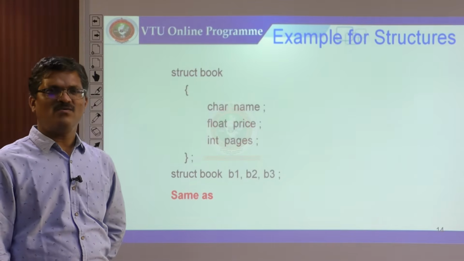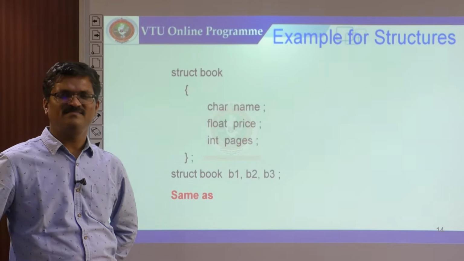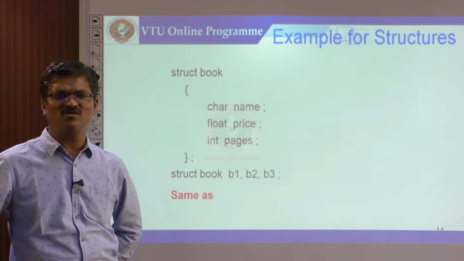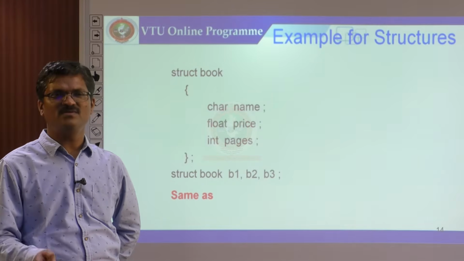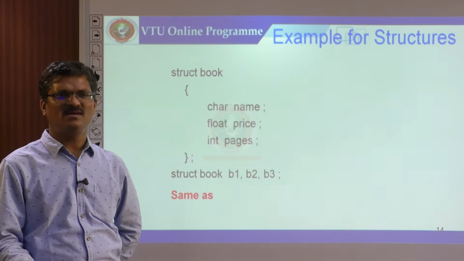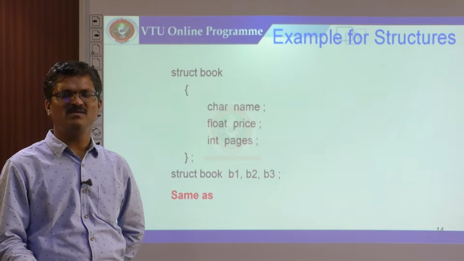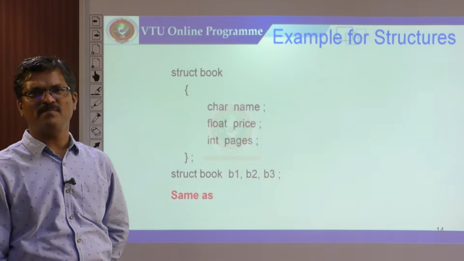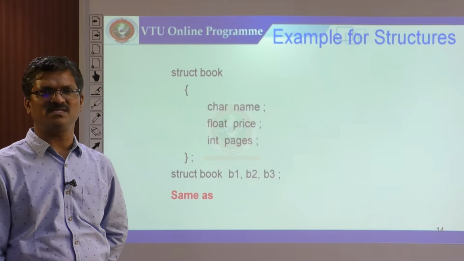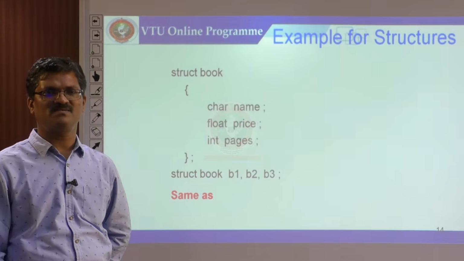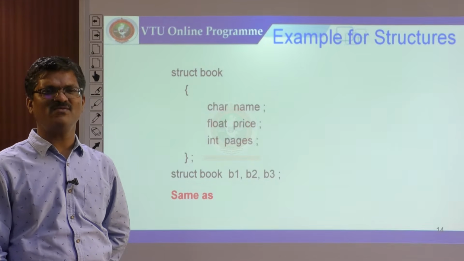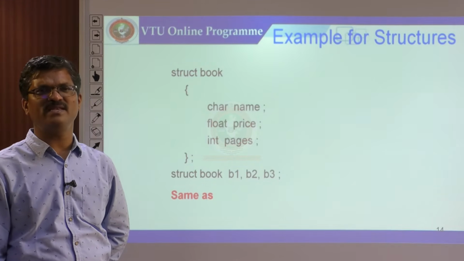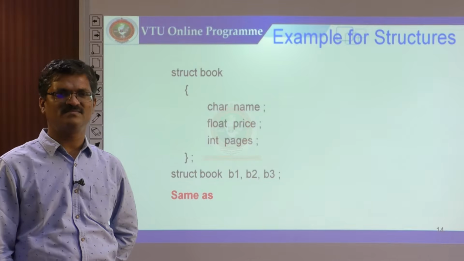And now, another example of a structure that records books. A struct book has the book name, price and number of pages as its structure members, and I am defining the structure variables B1, B2, B3 of type struct book.